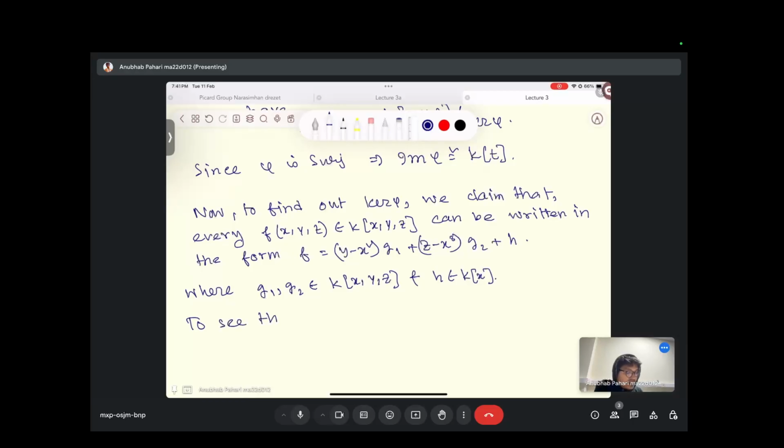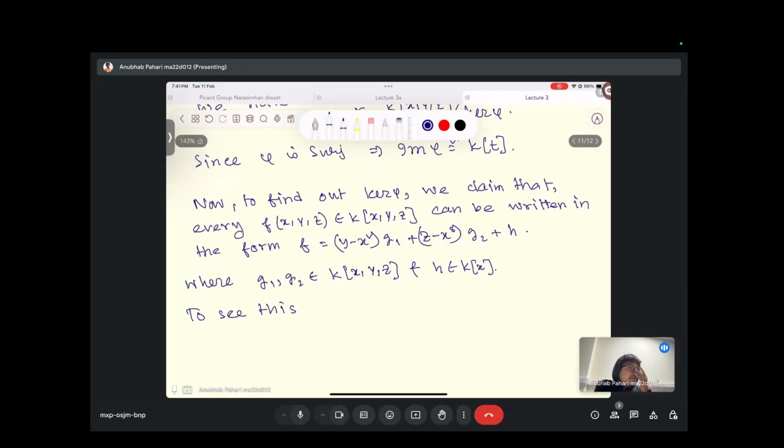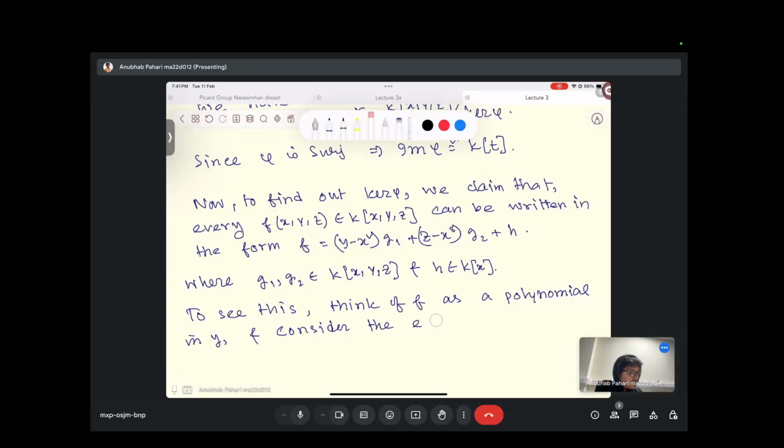To see this, think of f as a polynomial in y and consider the Euclidean division of f by y minus x^2.